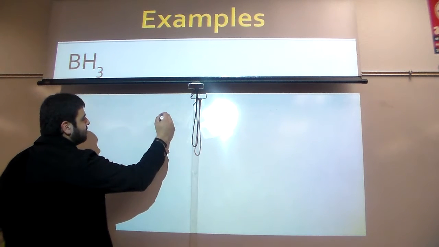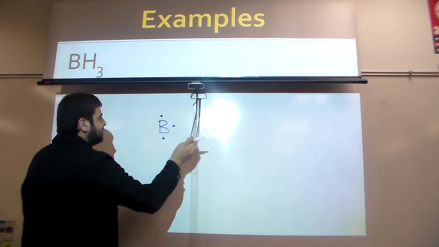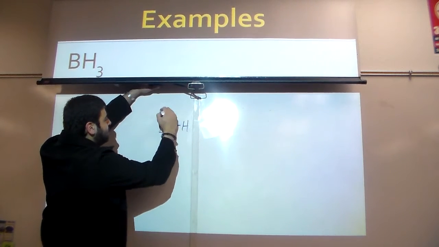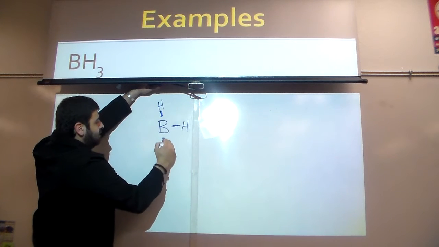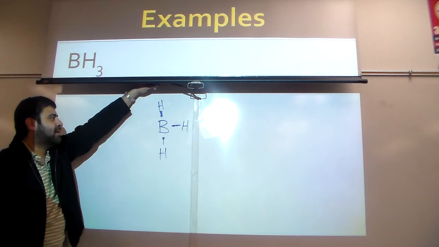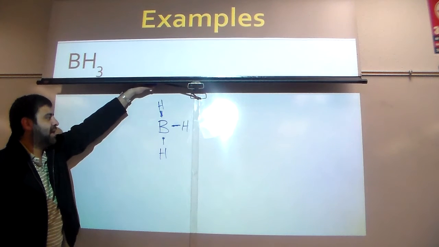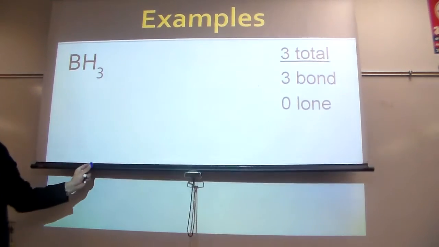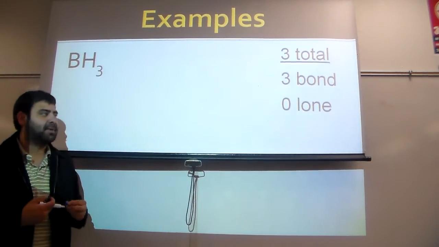Now boron has 3 valence electrons, so it's going to make 3 bonds to the 3 hydrogens. So how many bonded atoms are there? 3. How many lone pair? None, right? So here we have 3 bonded atoms and 0 lone pair.